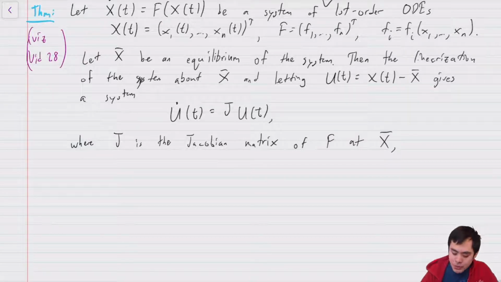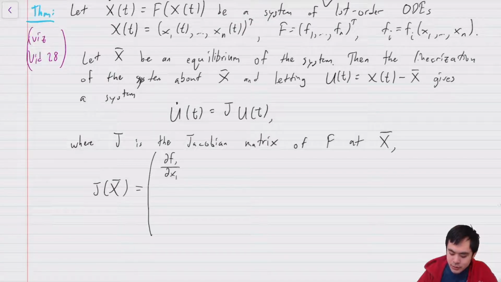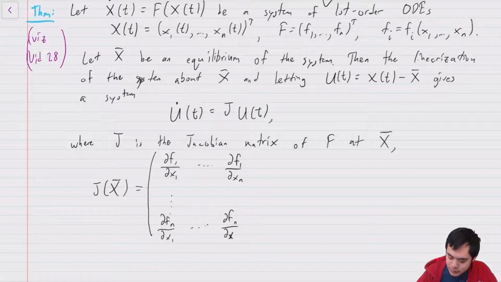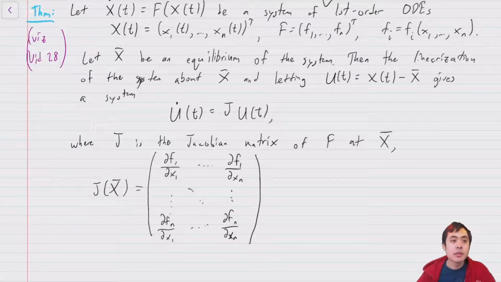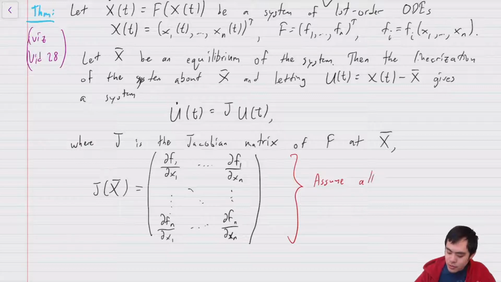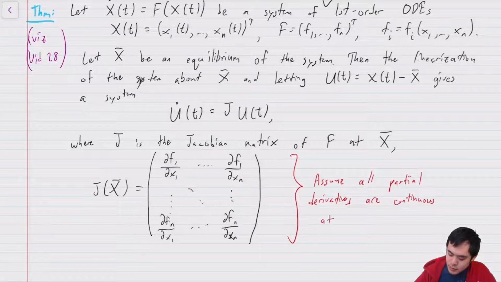Okay, so this is the Jacobian matrix, and let me remind you that this is basically just the matrix of all the partial derivatives at the equilibrium: df1/dx1 through df1/dxn, down to dfn/dx1 through dfn/dxn. That's the standard Jacobian, and note that we assume all partial derivatives are continuous at x bar.